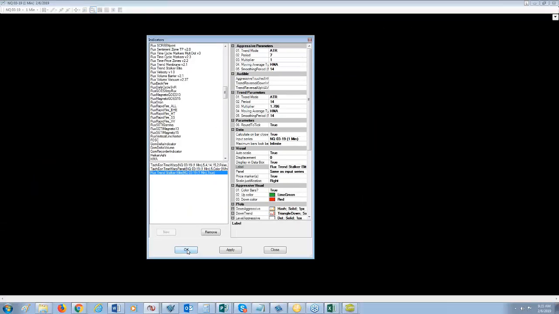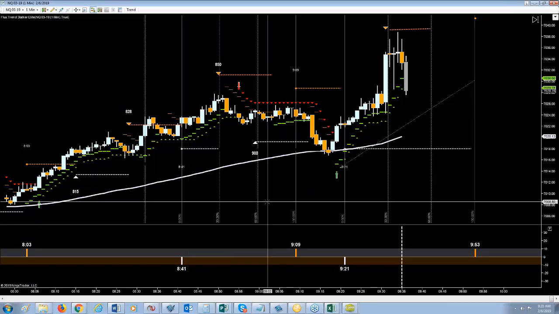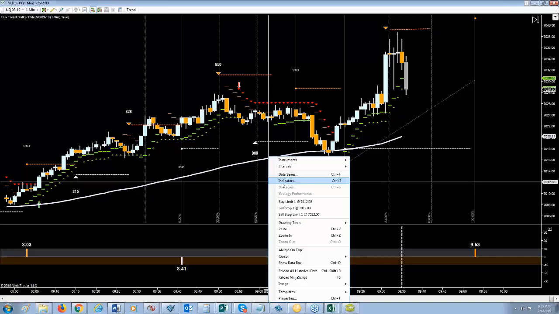And they'll ride a trail stop out most of the morning into the afternoon. Kind of looks like that. I have mine set pretty aggressively, which you know by now is me.